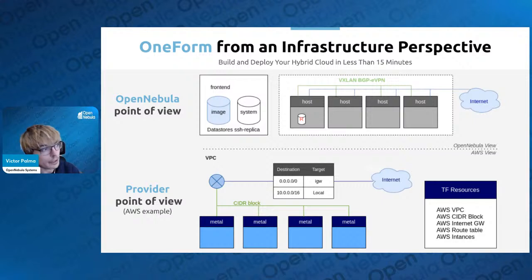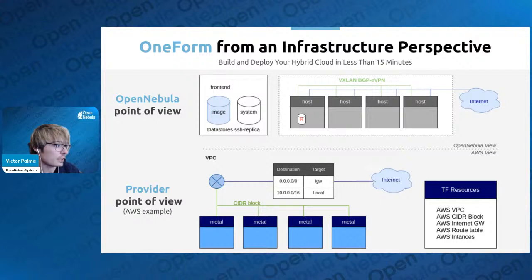And their equivalent configuration from the OpenNebula point of view is, of course, the same number of hosts and a VXLAN network used by the VMs for the inter-VM communication, and all the data stores in the front end for the image storage and deployment.